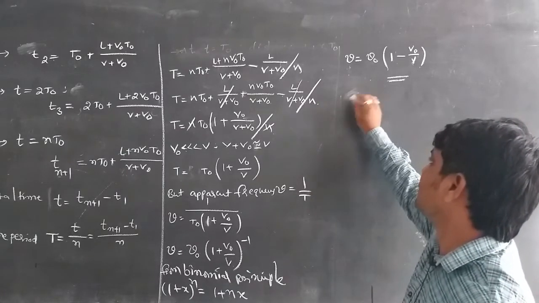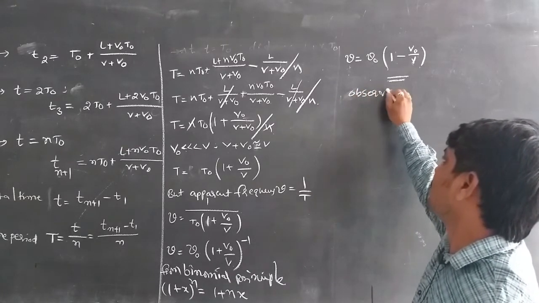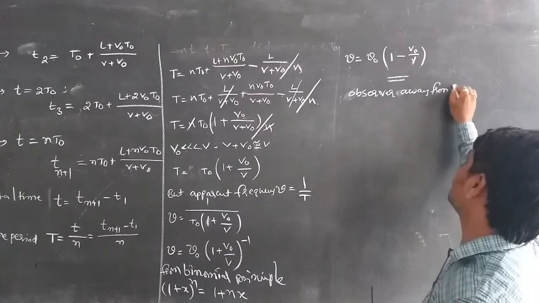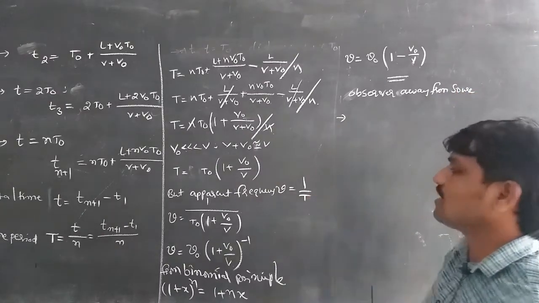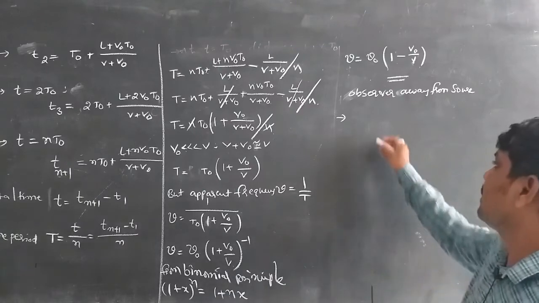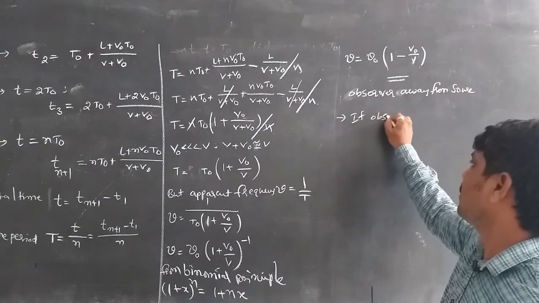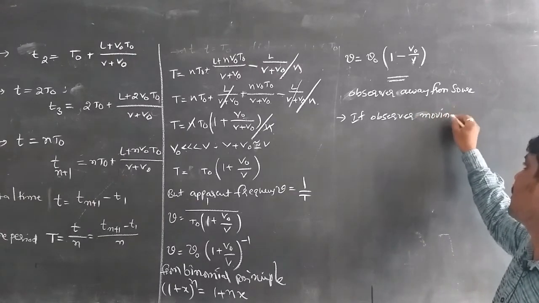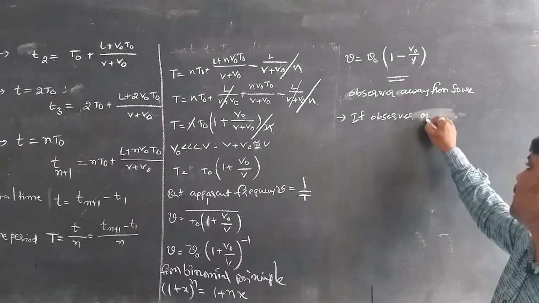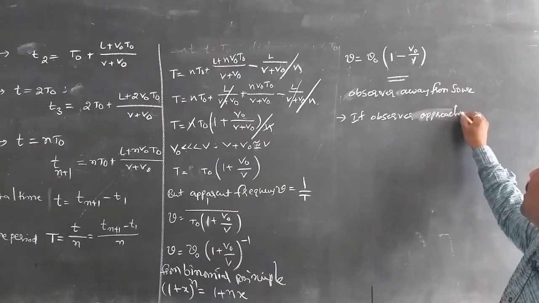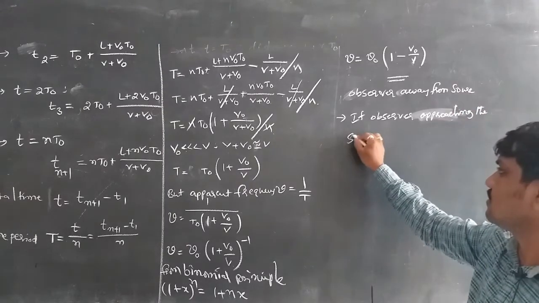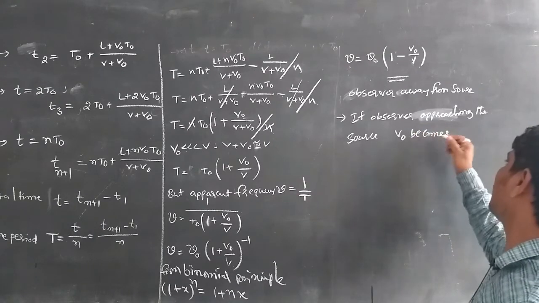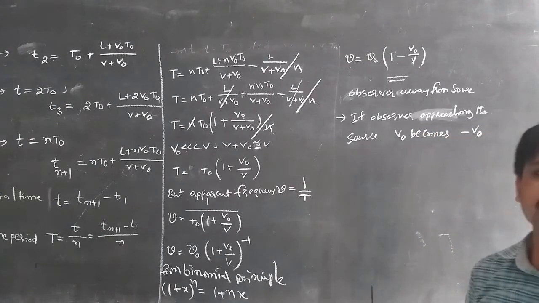If the observer is moving towards, or approaching, the source, V naught becomes minus V naught.